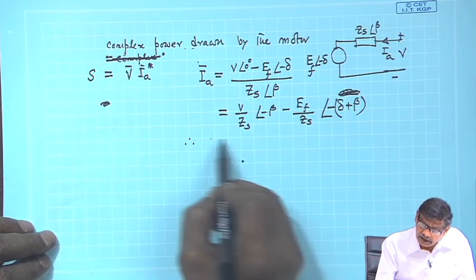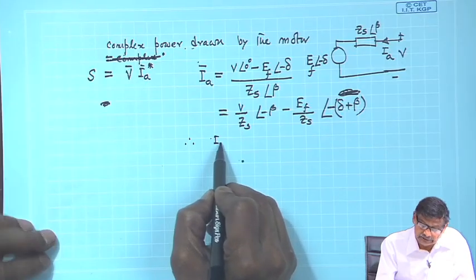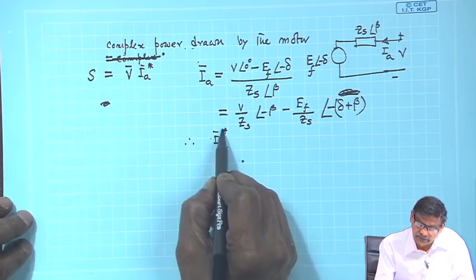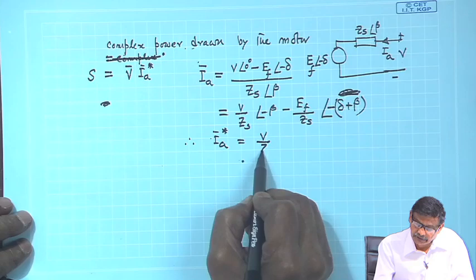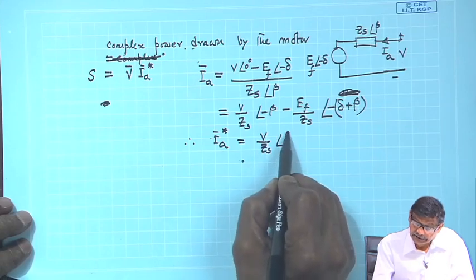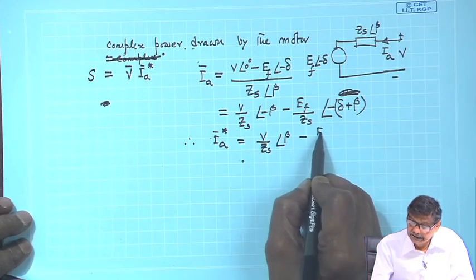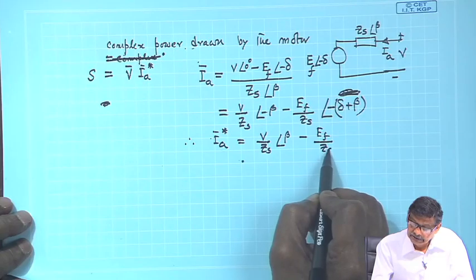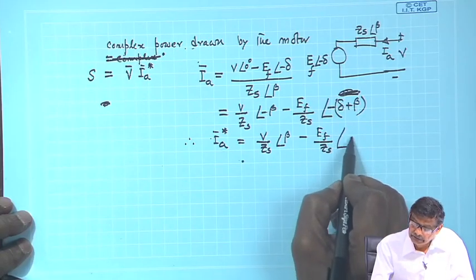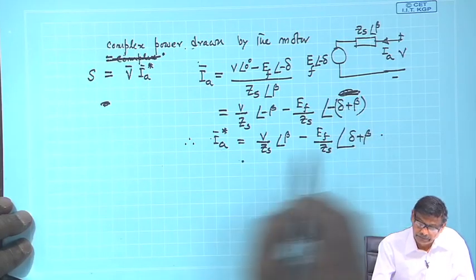Therefore, I need I A star in this one, so I will calculate it here. This is V by Z s angle beta minus EF by Z s angle delta plus beta.